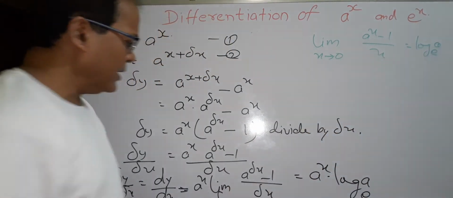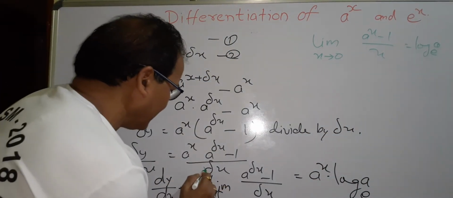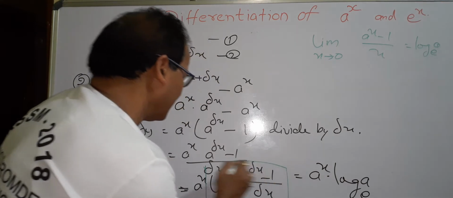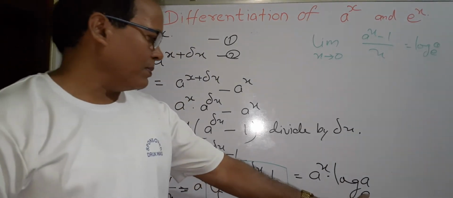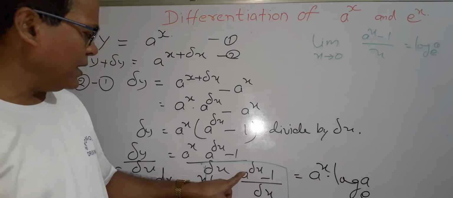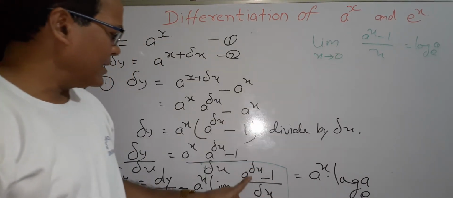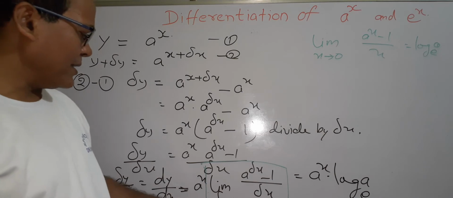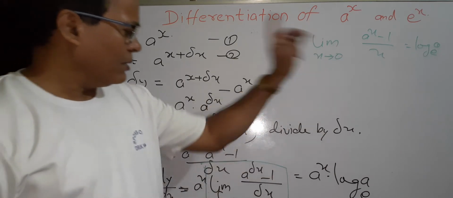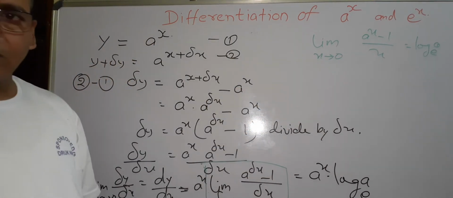With this rule, in place of x here we have delta x, and here also delta x, with delta x tends to 0. That's why we use this one.